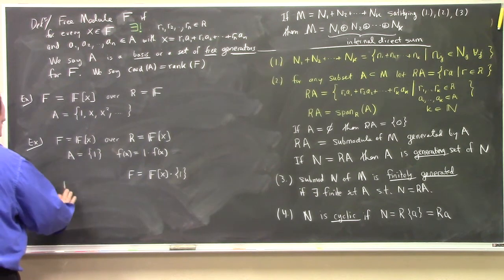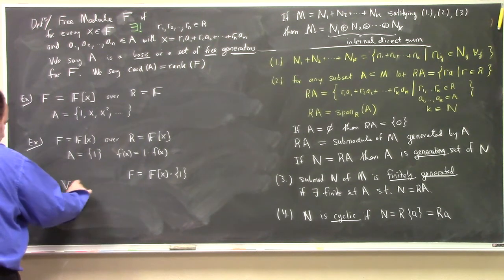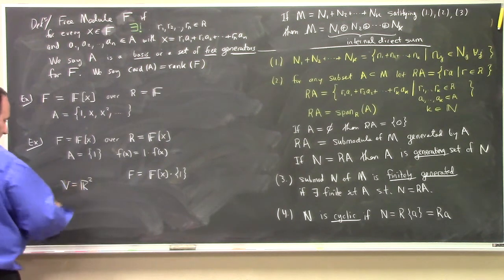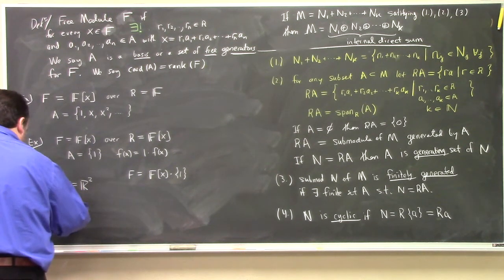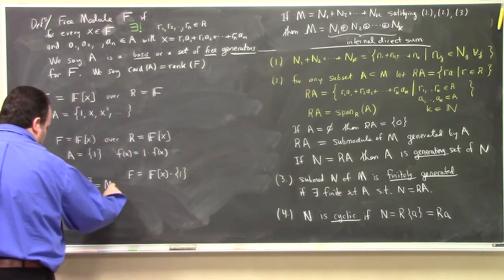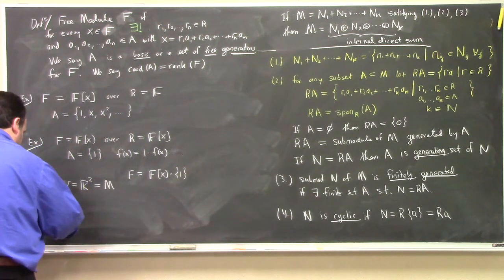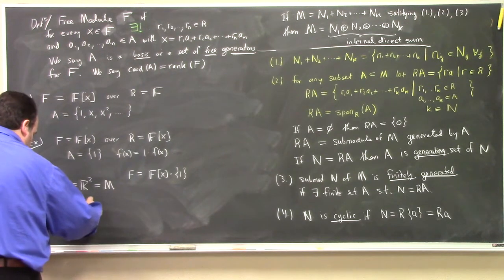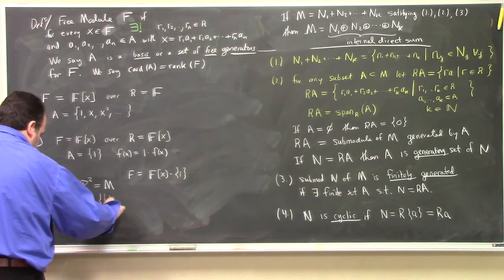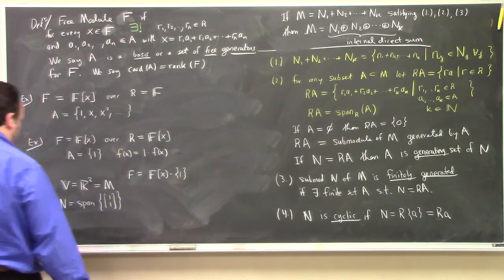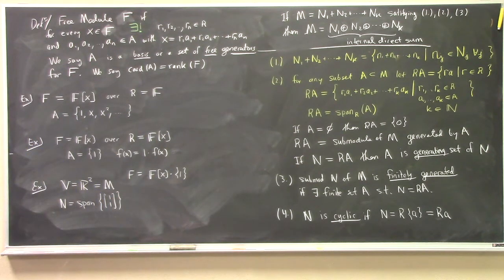So think about V equals R2, and let that be my module, and let my submodule be, say, the span of the 1, 1 vector, the real span of that. That, I think, is a cyclic submodule, right?